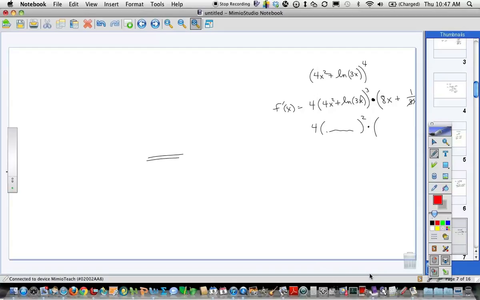I just put a big set of parentheses first to hold the derivative of the inside to make sure I don't forget about it. Because sometimes the inside derivative gets kind of messy, and it takes you a little while. And by the time you get done writing it out, you've forgotten that the whole thing needs to be in parentheses. All right. I kind of went off track.